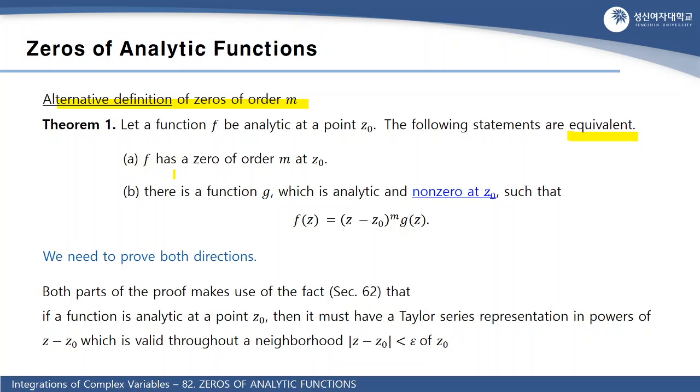A. f has a zero of order m at z0. B. There is a function g which is analytic and non-zero at z0 such that f(z) is equal to (z - z0) to the power of m times g(z).